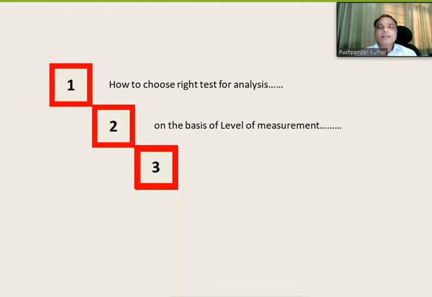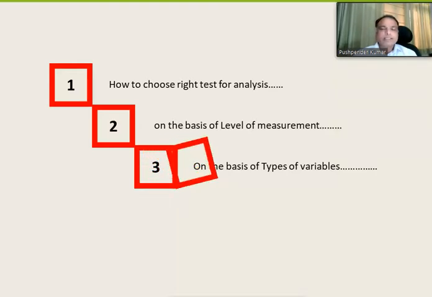Beside this, not only the level of measurement, we need to talk about different types of variables, whether dependent or independent, and how many independent variables you have taken. If you don't understand the level of measurement and types of variable, you wouldn't be able to use the right test for the analysis.